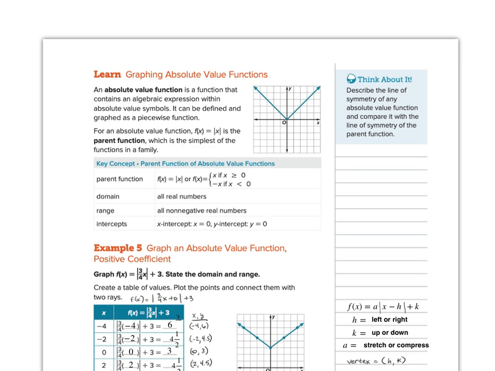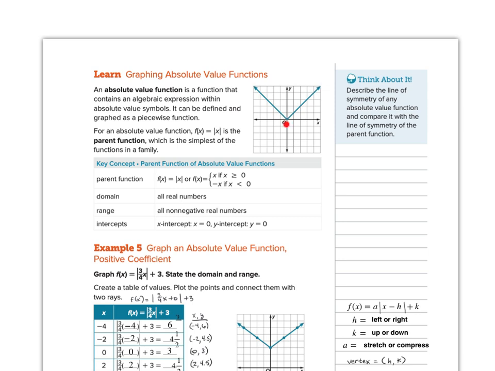So what is an absolute value function? It is a function that contains an algebraic expression within the absolute value symbol, and it can be graphed as a piecewise function. This is the basic absolute value function, and it has a domain that goes on forever to negative infinity and forever to positive infinity, all real numbers.